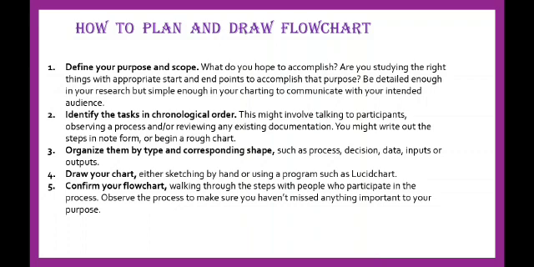They will observe it and they will question it. Next, organize them by type and corresponding shape. Organizing them by type and corresponding shapes means we have shapes for process, decision, data, inputs, outputs. We have to take the correct shapes.